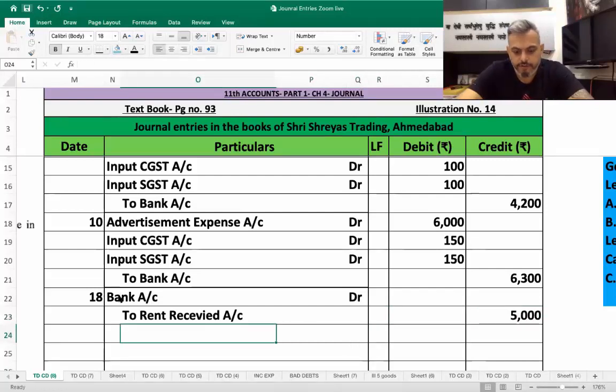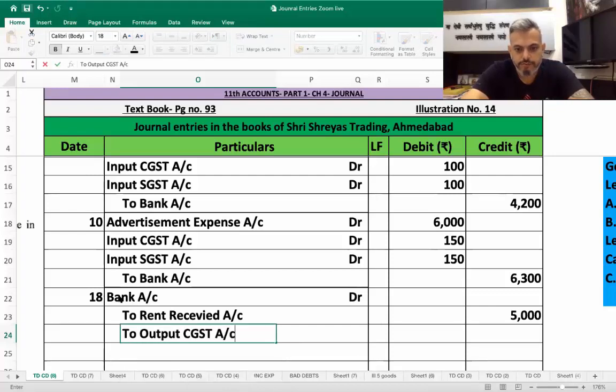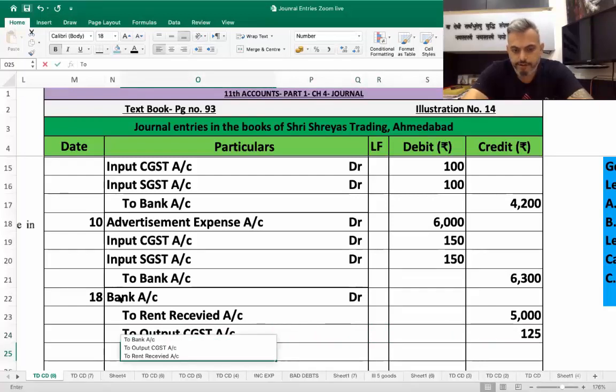Now here we are receiving check for rent, so we are giving services. So to output CGST account 125 and to output SGST account 125.